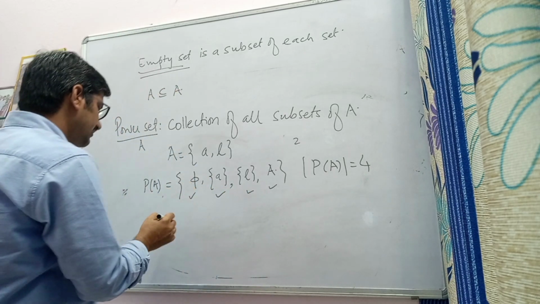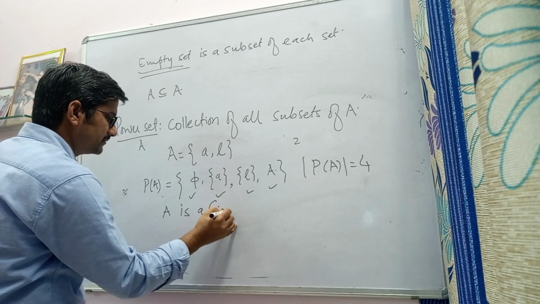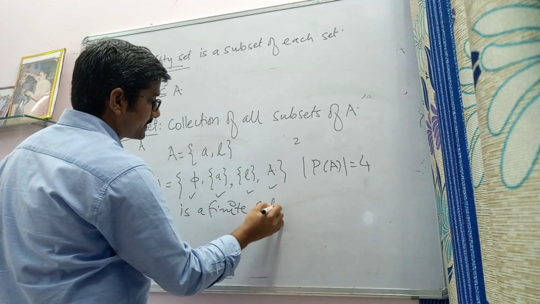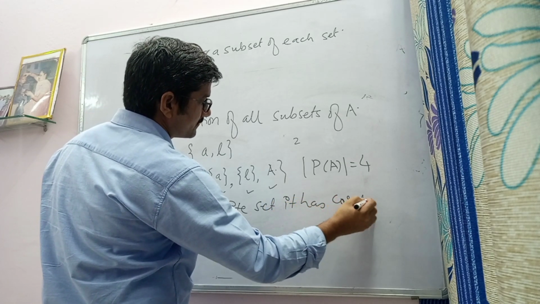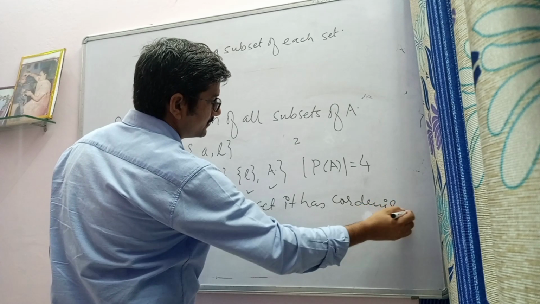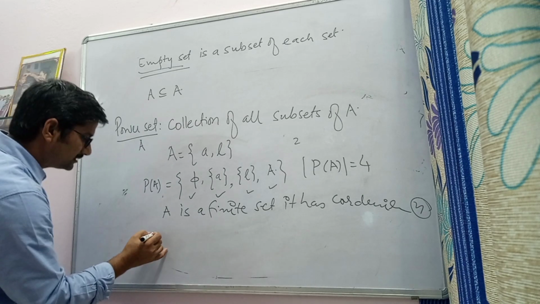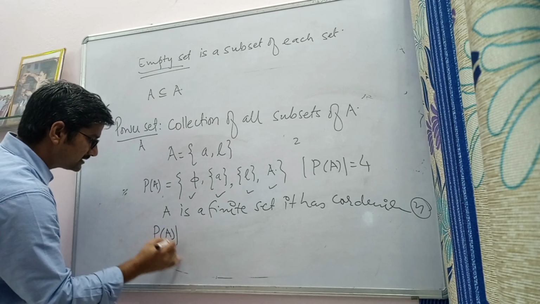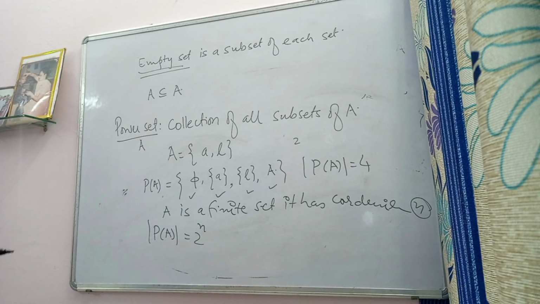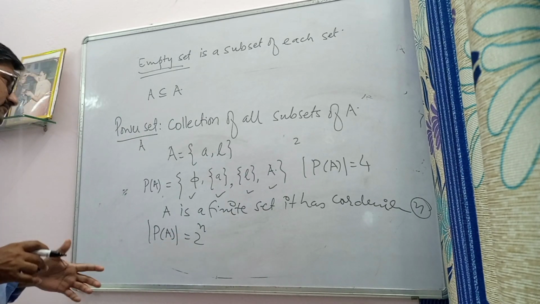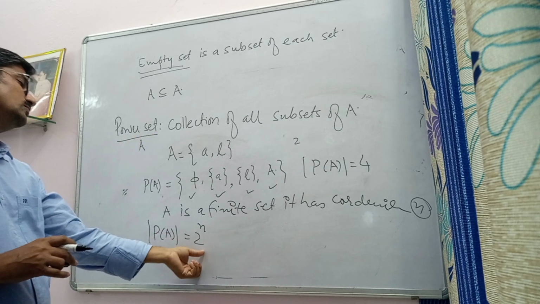In general, if A is a finite set with cardinality n, meaning it has n elements, then its power set has cardinality 2 to the power n. So this is the reason why it is called the power set: the number of elements in the power set of A is 2 to the power n.